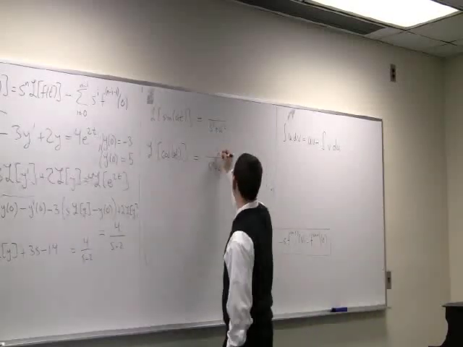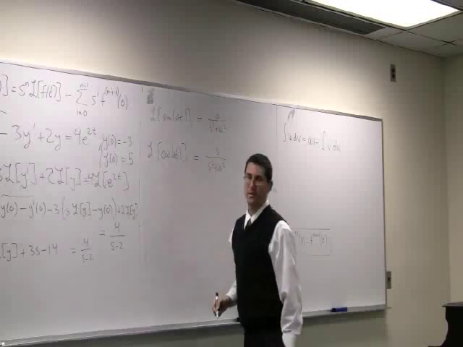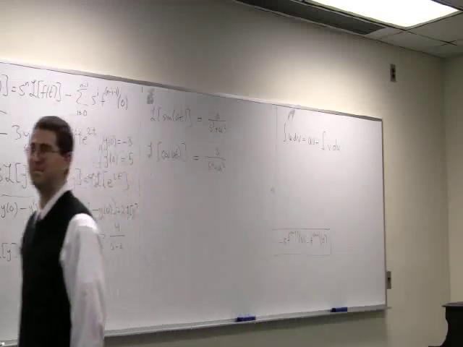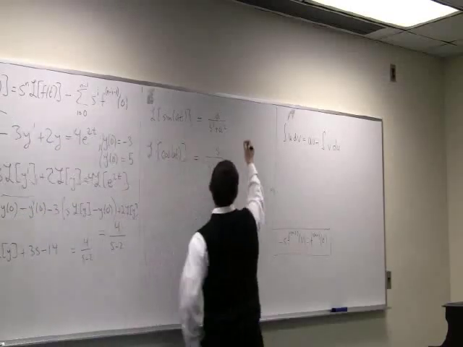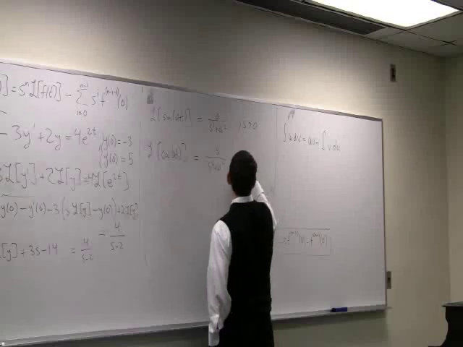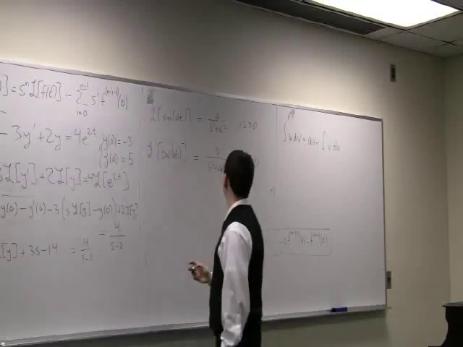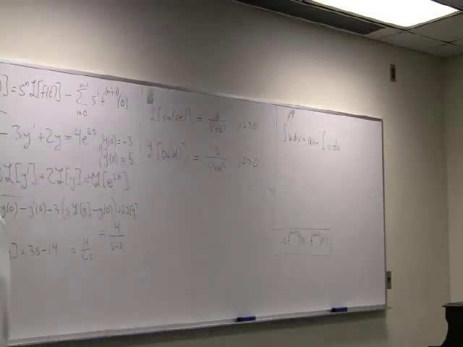So the s goes down with the cosine, and the a goes up with the sine. Oh, and I should mention this works for all s greater than 0. Okay. So tomorrow we'll pick up there and work a couple examples with those.